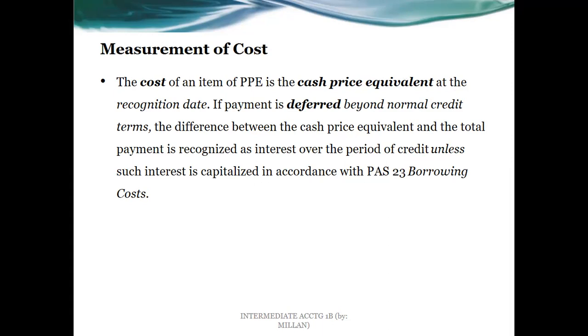Because again, the entire payment will be done in the future. So we have to know how much is its value at the current or present time. So in that case, we compute the present value, which is now our cash price equivalent if cash price equivalent is not given.